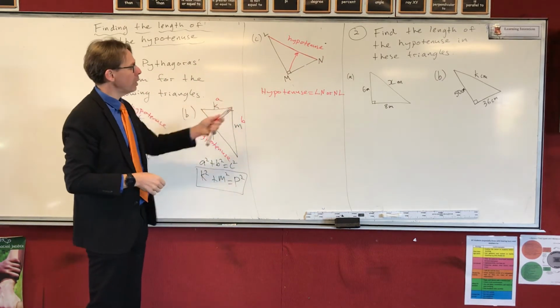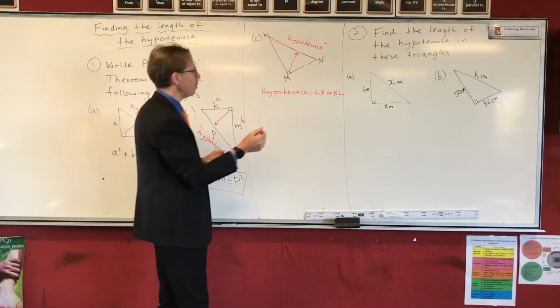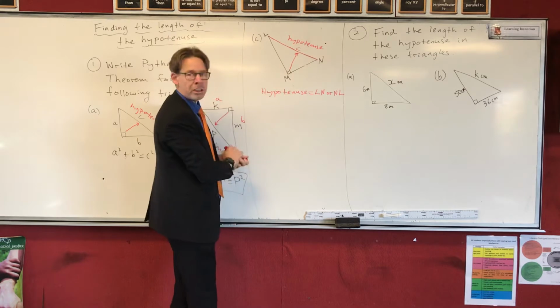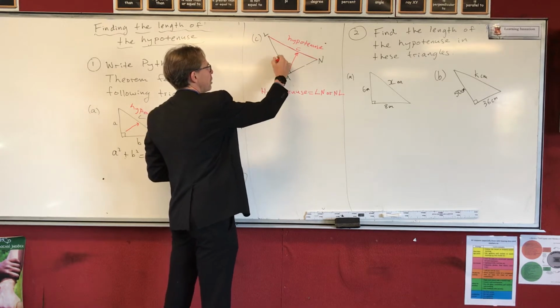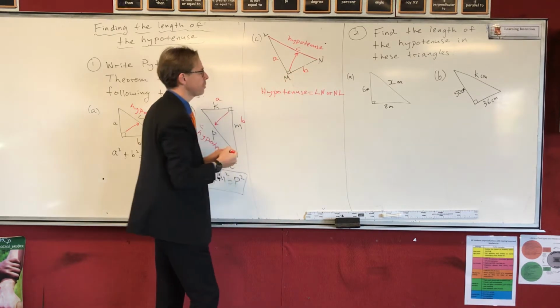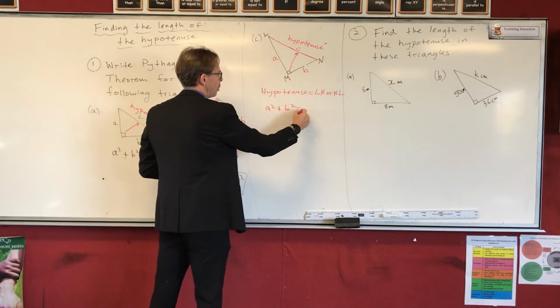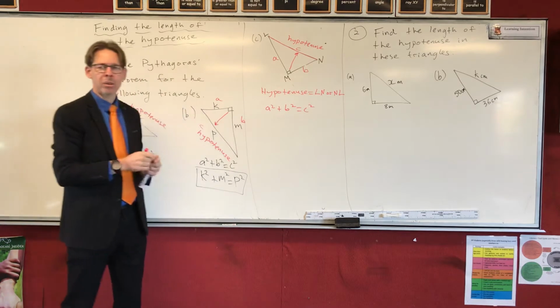Now, we've got to write down the formula for Pythagoras' theorem using these letters. So we'll start off with labelling the longest side little c, the other two sides little a and little b. Now I can write down the formula again for Pythagoras' theorem, a squared plus b squared equals c squared.